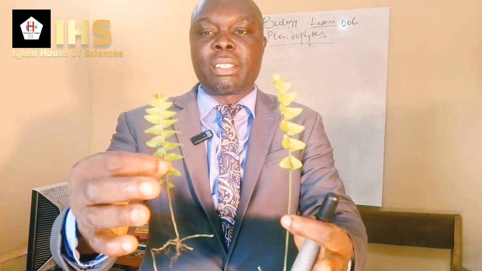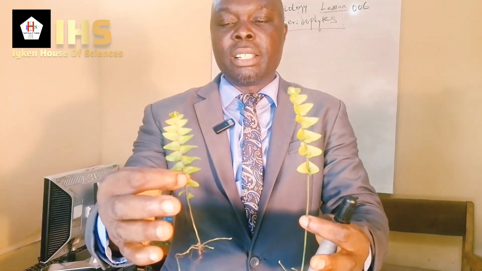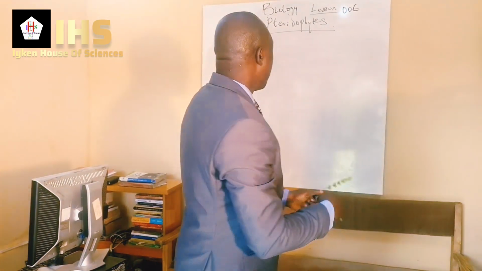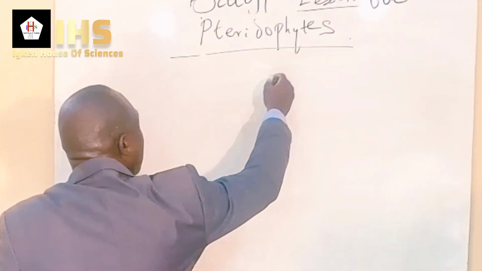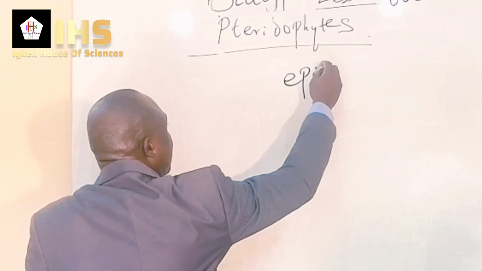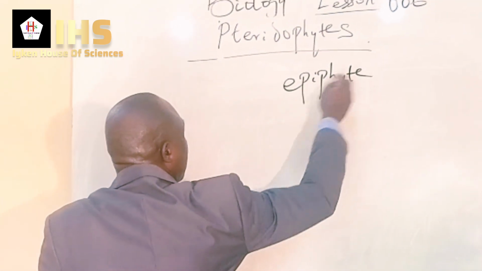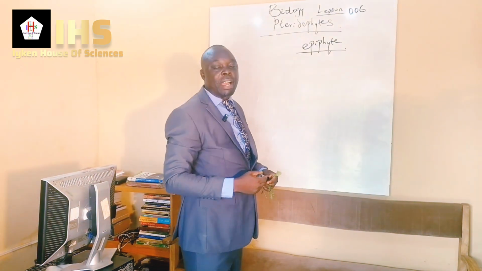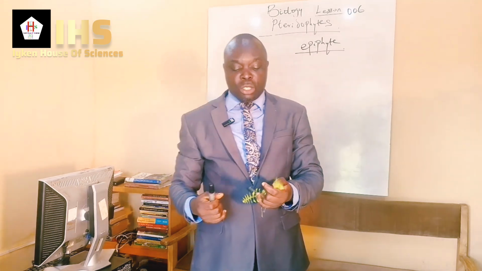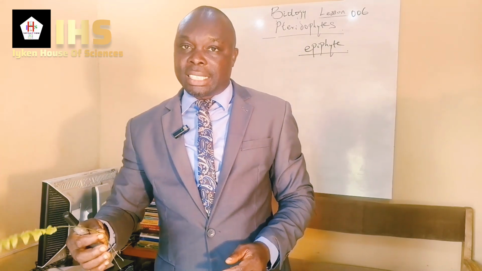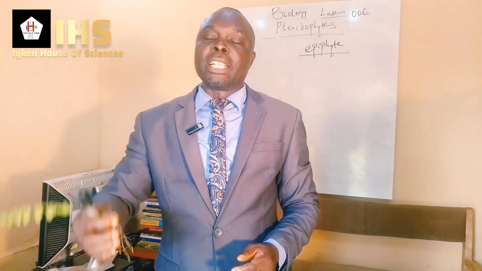This fern grows as an epiphyte. What is an epiphyte? Epiphytes are those plants that grow on another plant as their host, but do not cause any harm to their host.